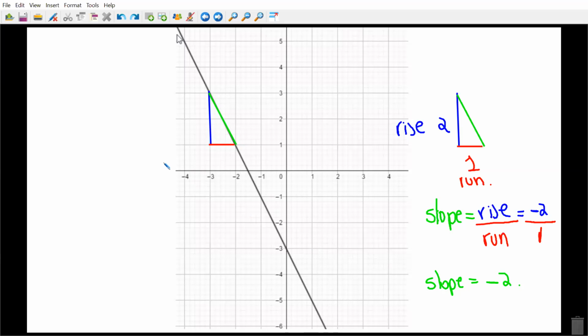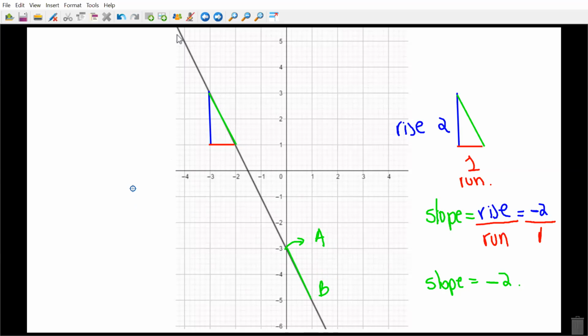Okay. You choose 2 points, and I'm going to use this point. This point is going to be called point A, and this point is going to be called point B. And the same way we did before, I am going to use it right now. I want to find the slope of the green line.